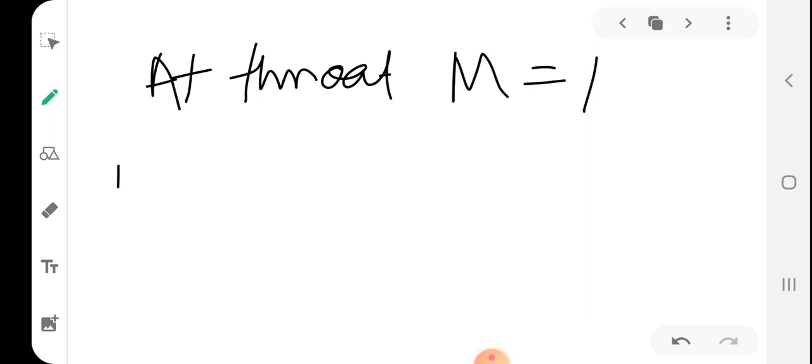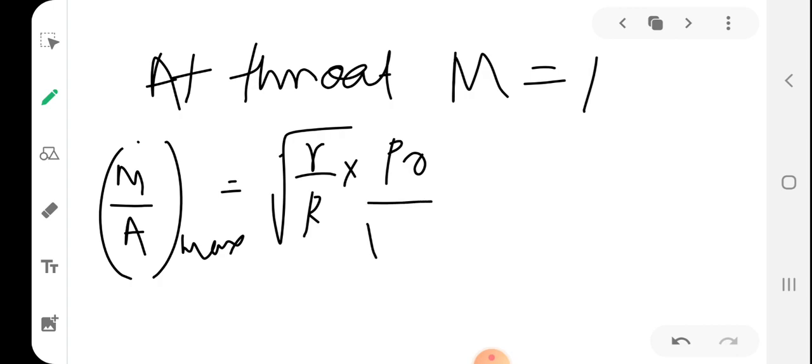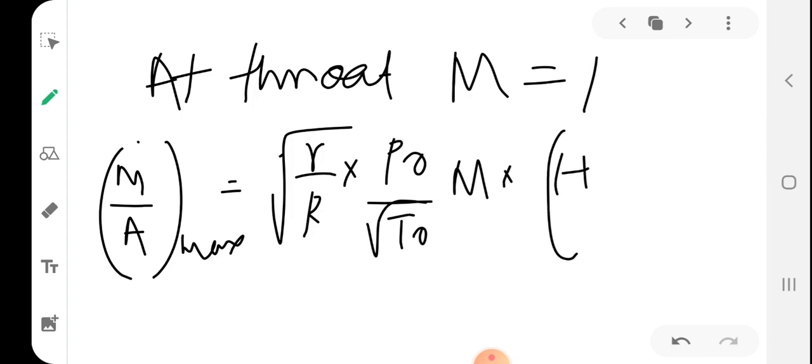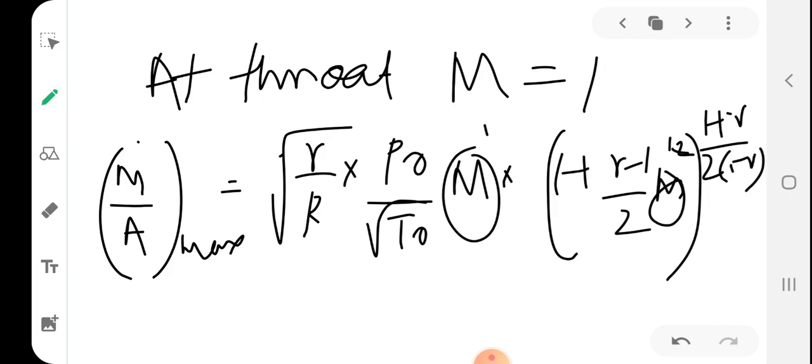So our equation for M dot by A max will be root of gamma by R into P0 by root T0 into Mach into 1 plus gamma minus 1 by 2 Mach square to the power of minus (gamma plus 1) by 2 into (gamma minus 1). So here you should substitute Mach equal to 1. So this cancels, this will be 1.